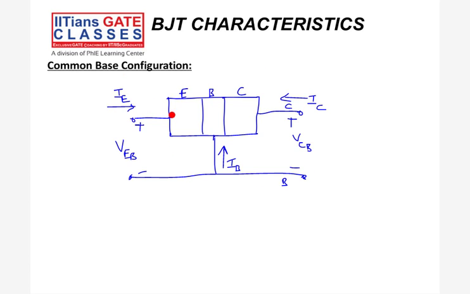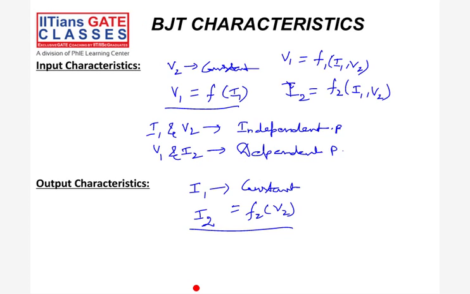In input characteristic we have seen that our voltage V2 was constant and V1 was depending on I1. And in output characteristic, input current I1 was constant and output current I2 was depending on the output voltage.